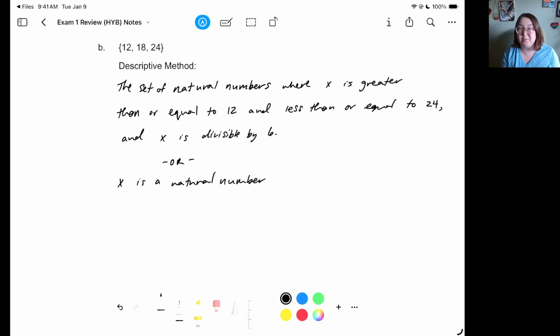And the way we include 12 and 24 is by saying greater than or equal to or less than or equal to. So if we want to avoid using that phrasing, we widen the range just a little bit. So we could say x is a natural number between, and maybe we can just widen it by 1, between 11 and 25. So we went down by 1 from 12 and up by 1 from 24. So x is a natural number between 11 and 25 that is a multiple of 6. We can add that.